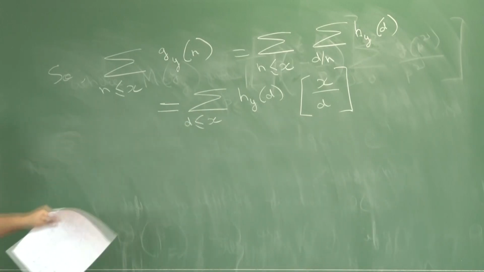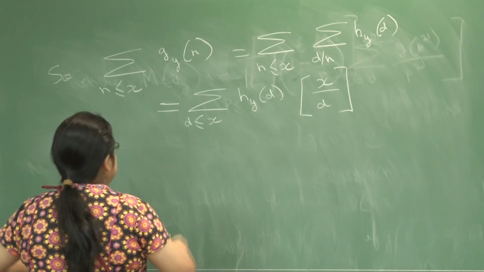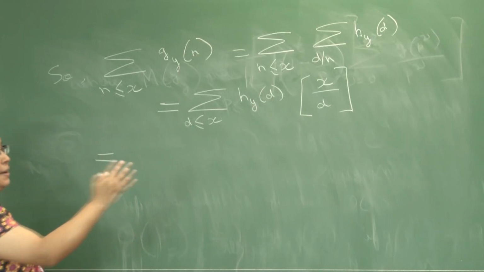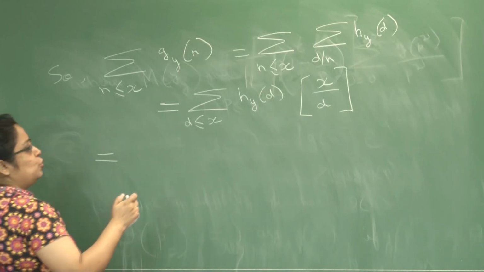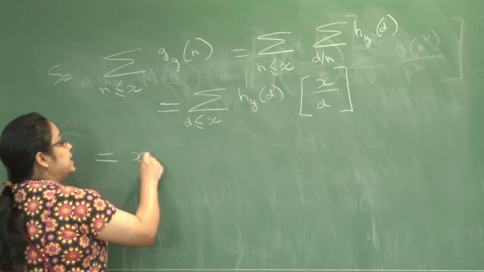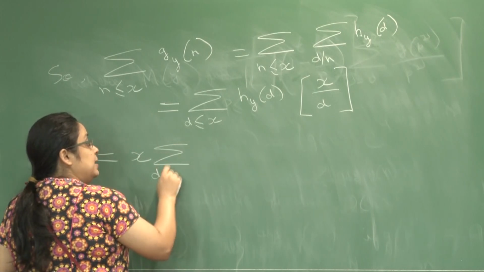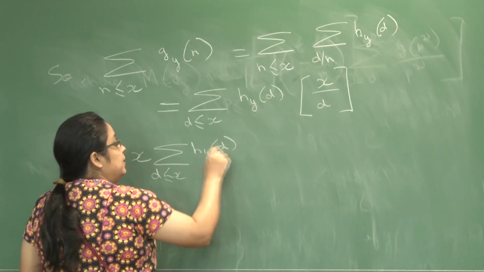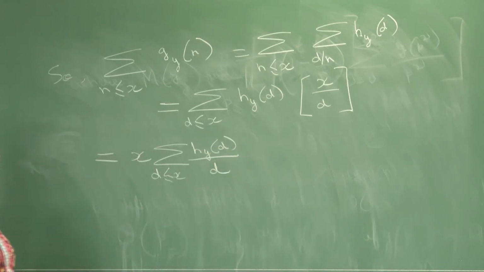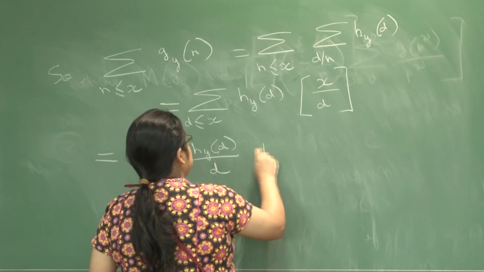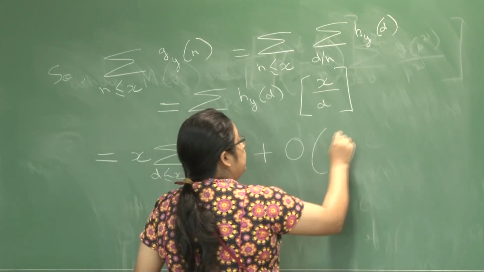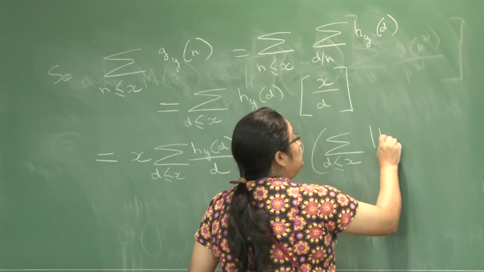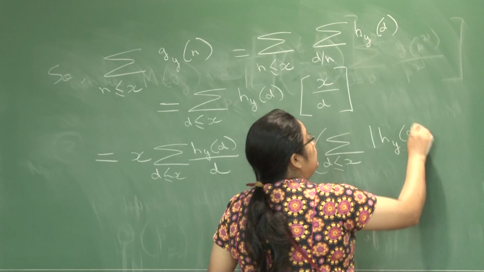This is a routine calculation which we have performed many times in this course, and therefore, you can write this as x over d plus an error term of the form O of 1. So, you write this as x times summation d up to x h sub y of d over d plus O of summation d up to x absolute h sub y of d.